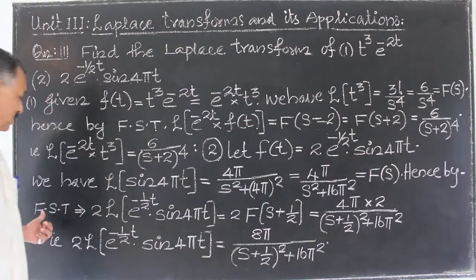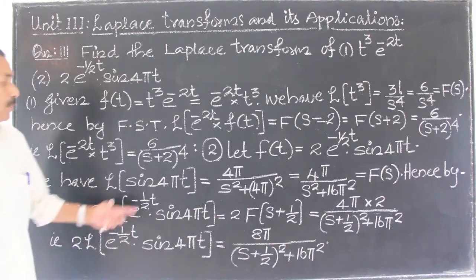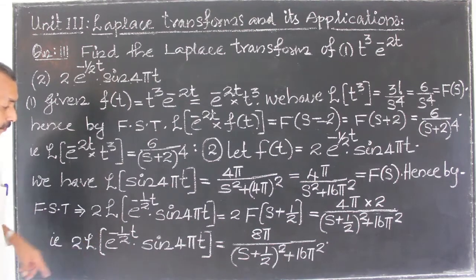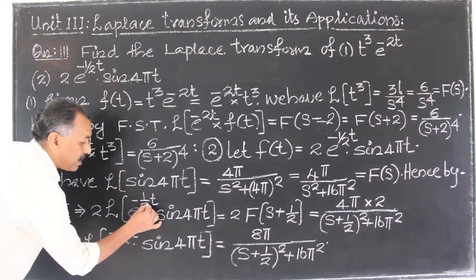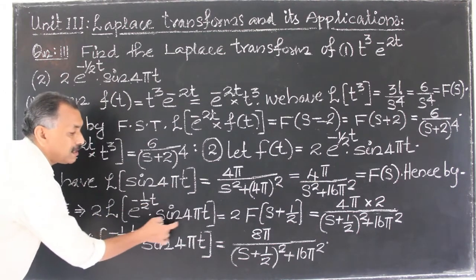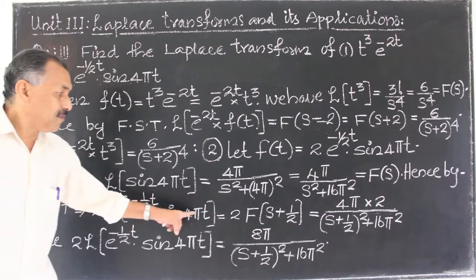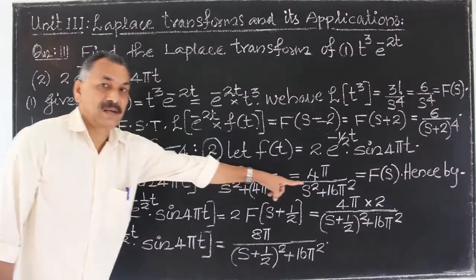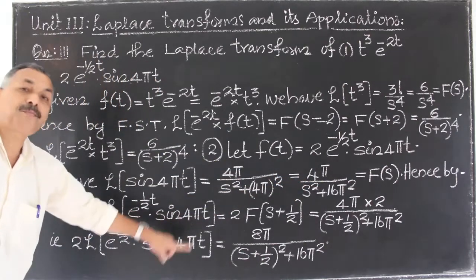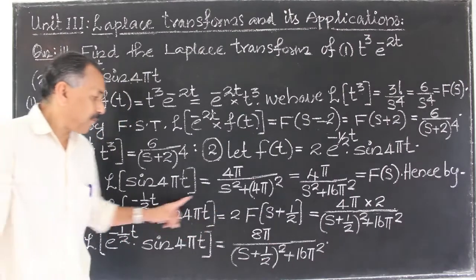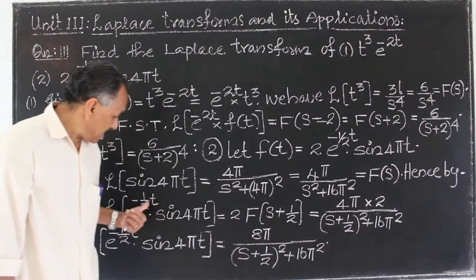Hence, by the first shifting theorem, take the constant 2 outside: 2 into the Laplace transform of e raised to minus 1 by 2 t into sin 4 pi t. Sin 4 pi t transforms to f of s, and e raised to at into sin 4 pi t transforms to f of s minus a.